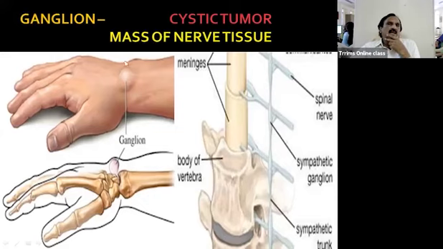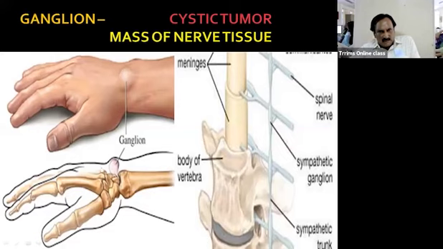So this is the ganglion, which normally you see. If you observe people, most of them may have a ganglion on the wrist. And sometimes this dissolves on its own. And sometimes if it is obstructing the movements of the tendon, it is surgically removed. So this is the ganglion near the bones, very close to that.